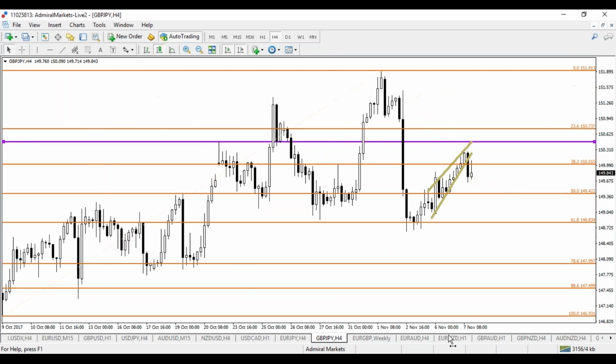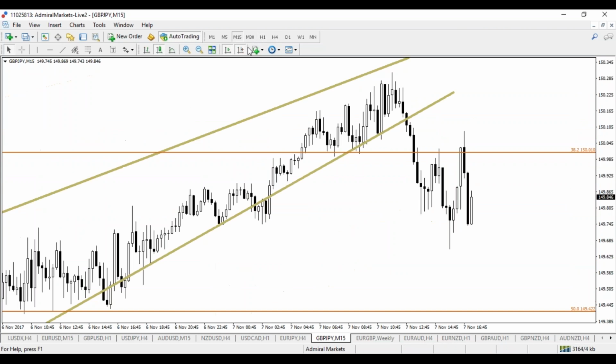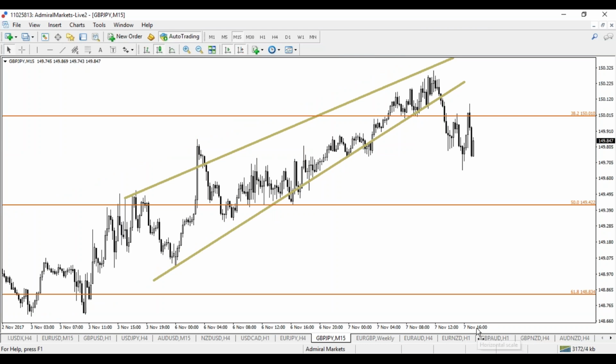It's definitely a bit rangy and choppy at this moment. I would probably not trade it unless I see a better pattern, like a triangle, and the break of that triangle to the downside.